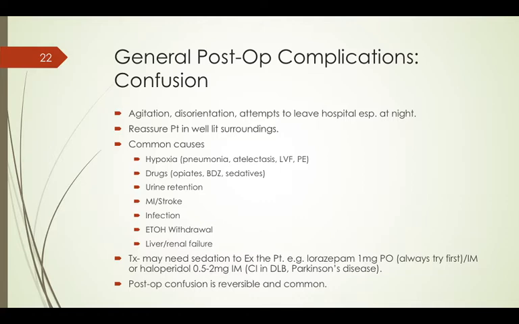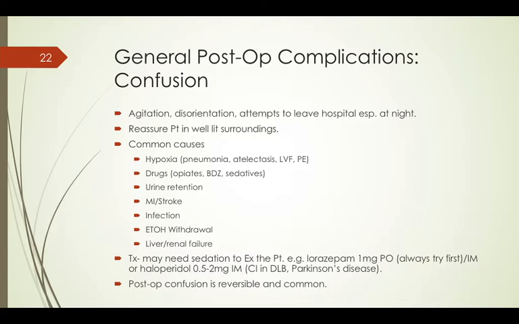The most common cause of confusion can often be hypoxia. So put a SATS probe on and assess that, and think about the causes of hypoxia. It can be pneumonia, atelectasis, LV failure, or indeed a pulmonary embolism.